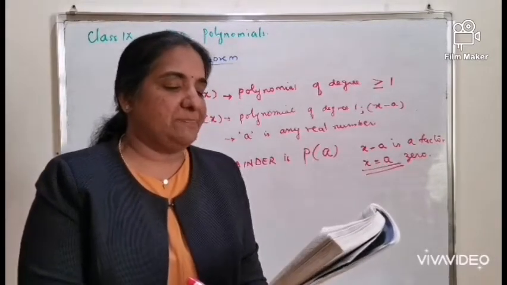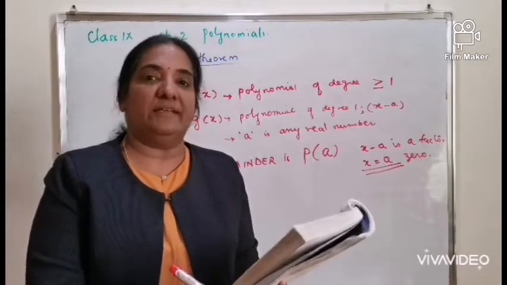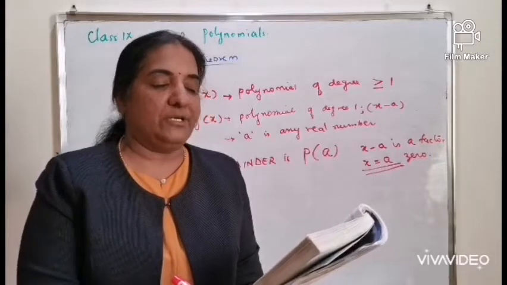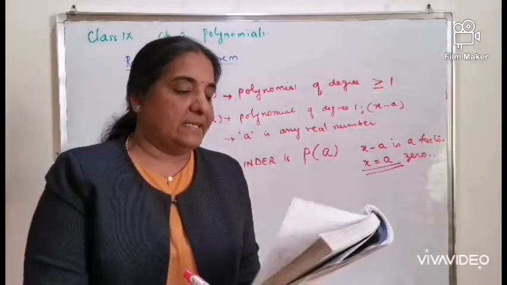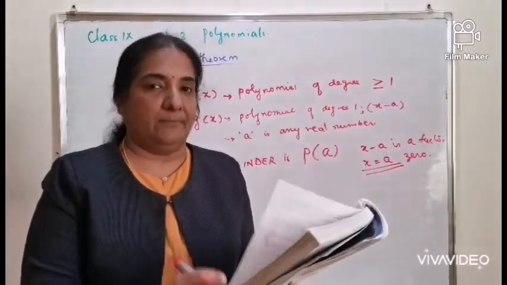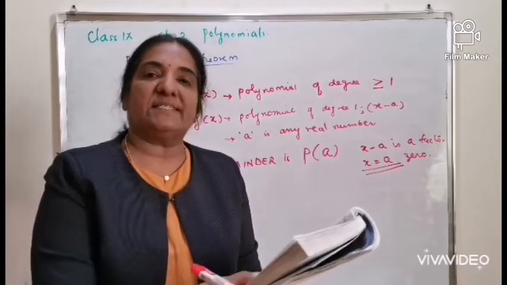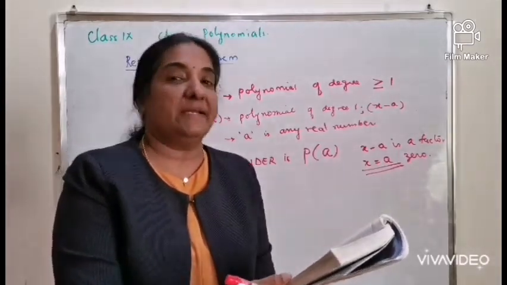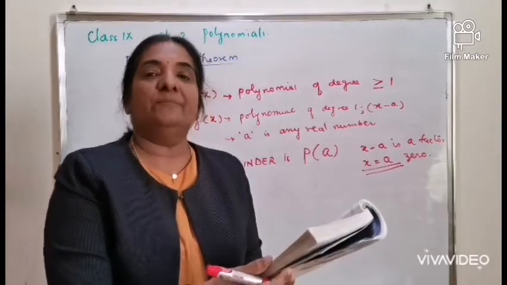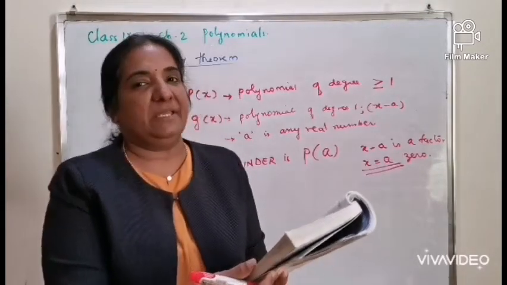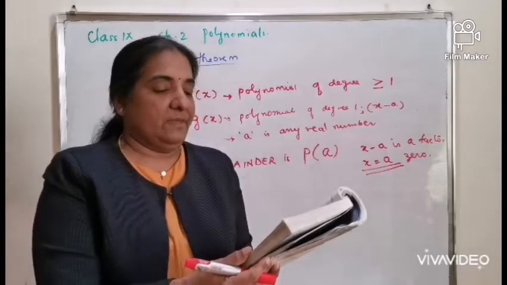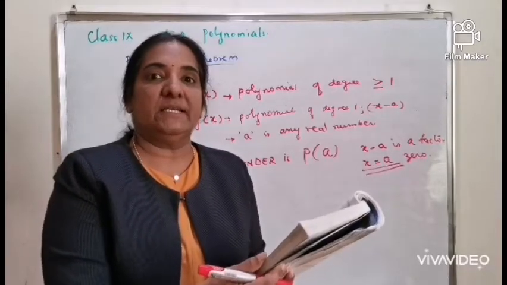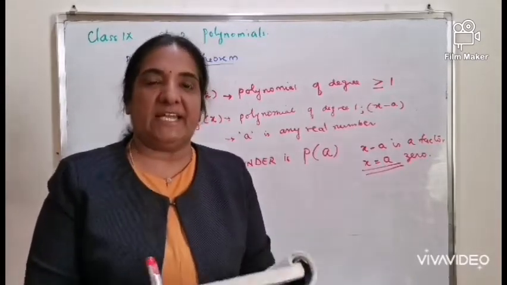Let p of x be any polynomial of degree greater than or equal to 1, and let a be any real number. If p of x is divided by the linear polynomial x minus a, then the remainder is p of a. This is the statement in textbook page number 39.